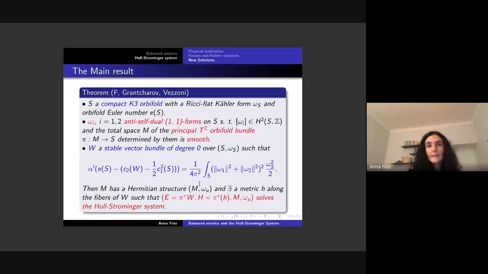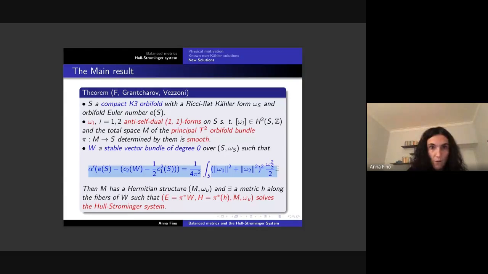Now, if we take W, a stable vector bundle of degree 0 over our compact K3 orbifold, such that these conditions, which are very similar to the conditions used by Fu-Yau, hold.